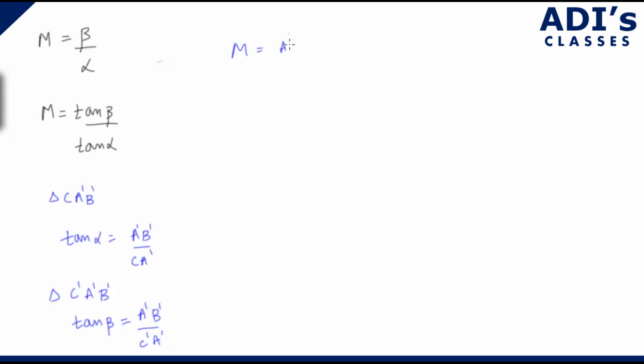Okay, now if you substitute that, we have m equal to A dash B dash by C dash A dash divided by A dash B dash by C A dash. These two get cancelled, so we end up with C A dash divided by C dash A dash. So M is equal to C A dash divided by C dash A dash.